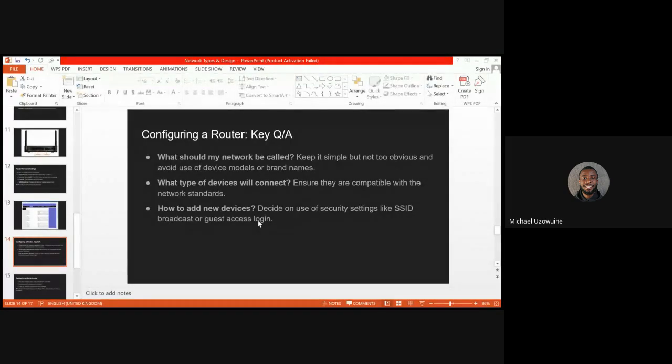Then consider what type of devices you want to connect. That's what I was saying about standards. There are various standards, and every device is subject to a standard. When you know the type of device you want to connect, it will help you choose the appropriate standard to set up your router. There are devices that connect to 5 gigahertz only, for instance, and the standard 802.11a might not have provision for 2.4 gigahertz.